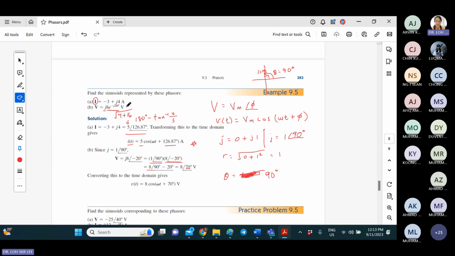Now we have changed this into polar form. From the polar form, we can find the time domain. This is V, right? So VM cos omega t plus this angle phi.